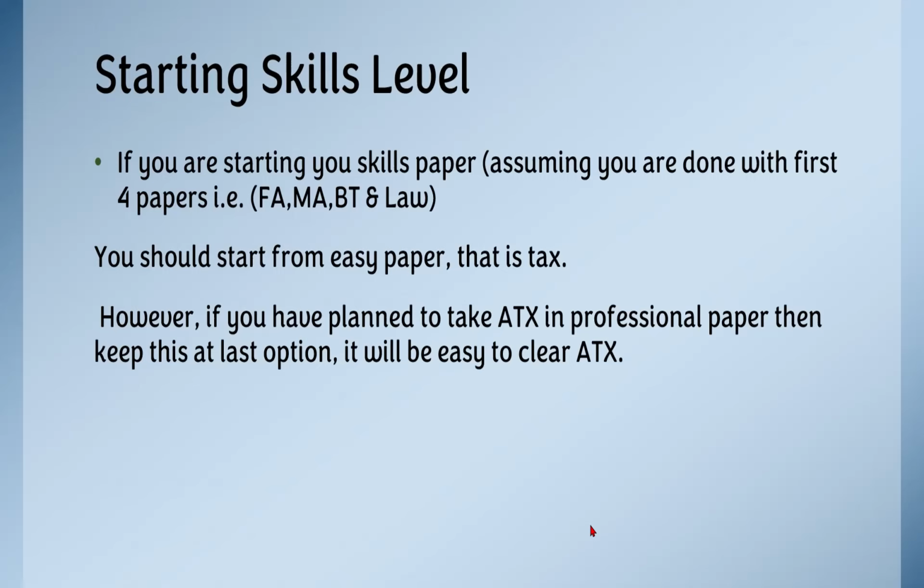Tax is the easy one, that's why I suggest you go with Tax. However, if you are planning to give ATX in the professional level, then keep Tax as a last option, don't give it first. If you are not planning to take ATX in the professional level, then you can go for Tax after you are done with the first four papers. If you are planning to give ATX, then keep it as the last option and go with FR.